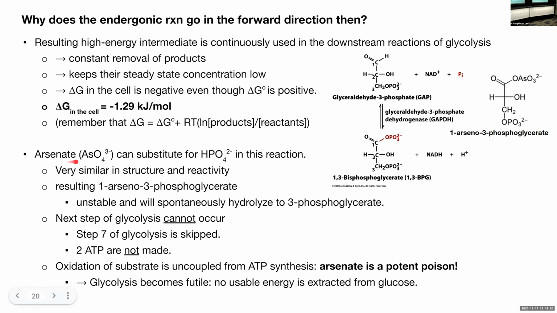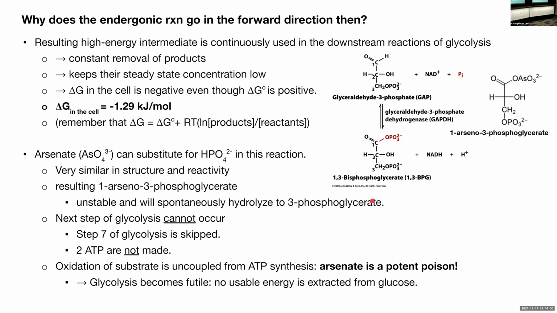And if arsenate is involved in this reaction, it will generate 1-arseno-3-phosphoglycerate, where everything is the same except for this arsenate instead of a phosphoryl group. And this molecule is unstable, so it will spontaneously hydrolyze into 3-phosphoglycerate, which is the product in the later stage of glycolysis.